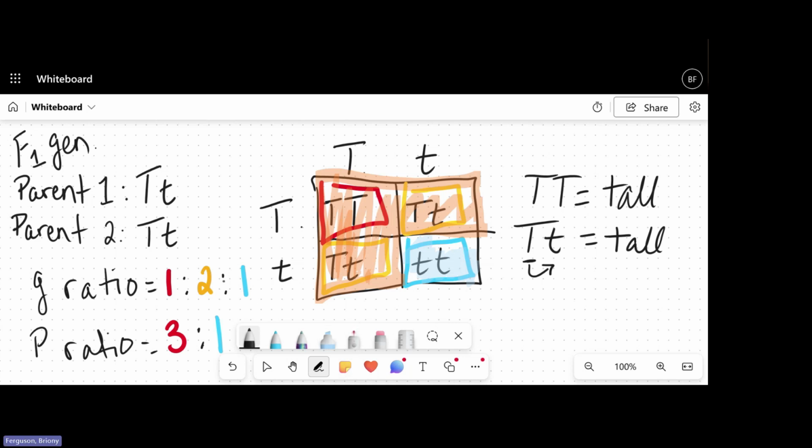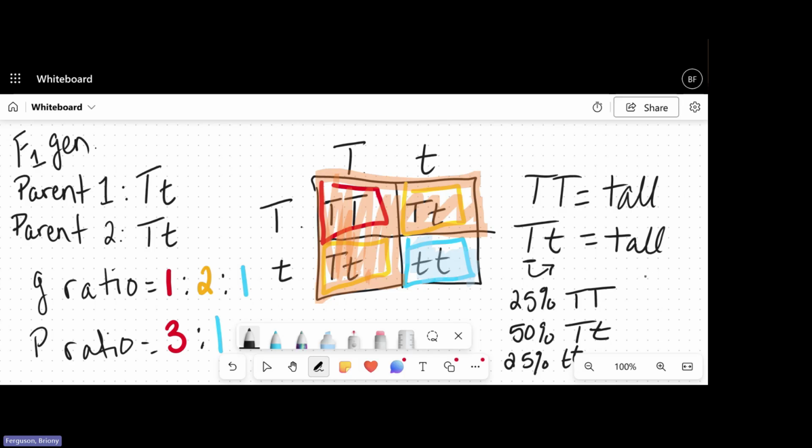And again, for this G ratio, if we convert that into percentages, we would have 25% TT, 50% heterozygous, and 25% homozygous recessive, or 1 to 2 to 1.